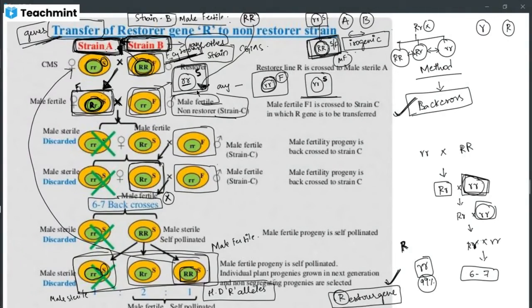You can't cross it. So what should be the cytoplasm of the line that we need to transfer the R line? It should always be fertile. Okay. So this is the condition where you can transfer the restorer gene from strain B, when it is available in homozygous dominant condition, from one strain to any other strain.